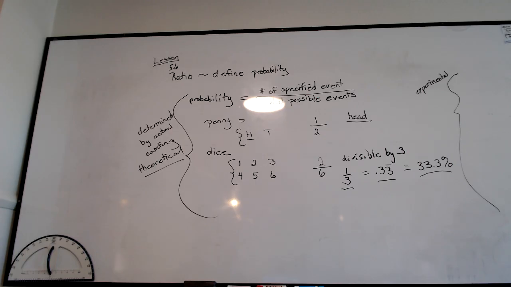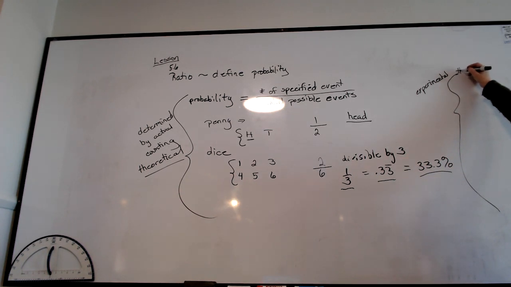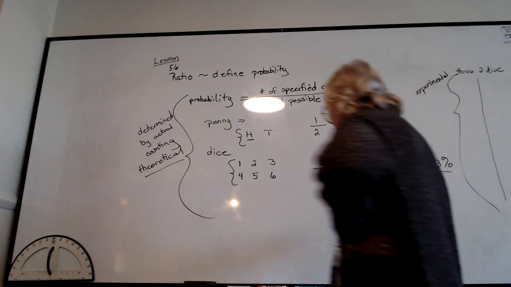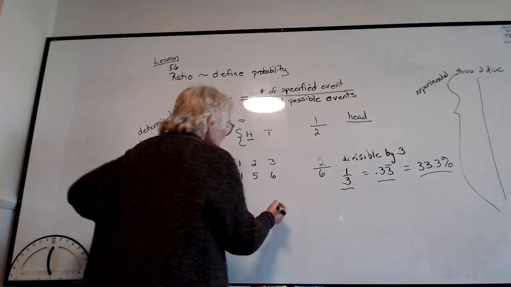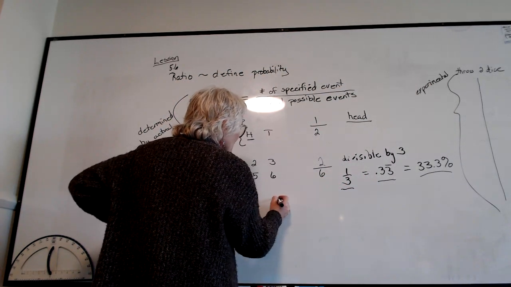So what we can do, let's say we want to look at where we throw 2 dice. We could do it experimentally, but theoretically, we would have a 1 with a 1.